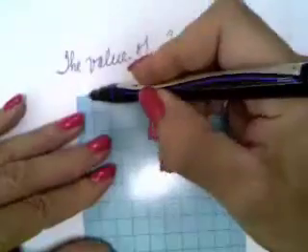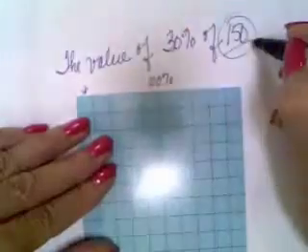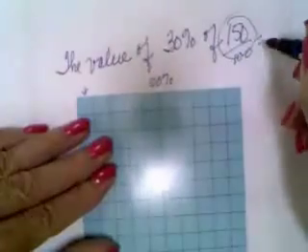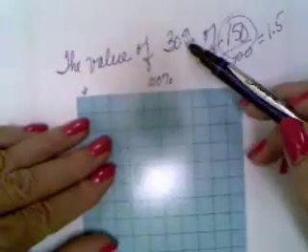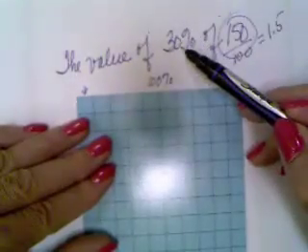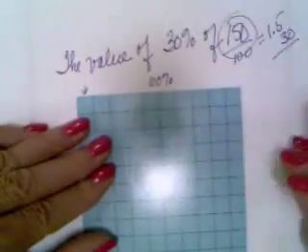That means that each square or each 1% has a value of 1 5/10. So I have 30%. So I have 30 of 1 5/10.